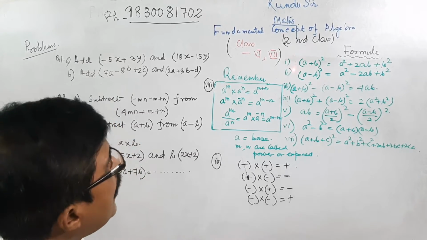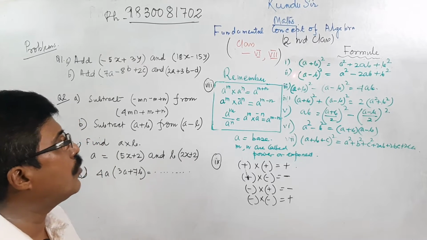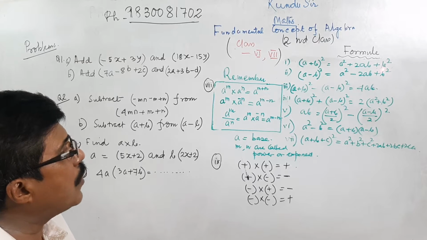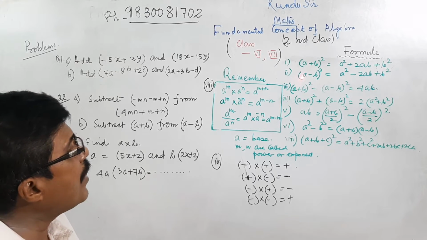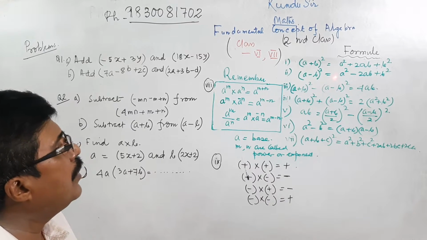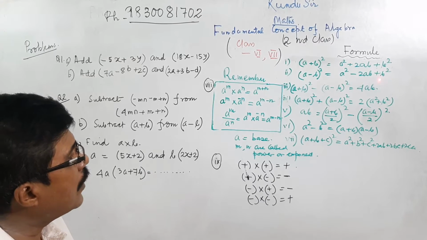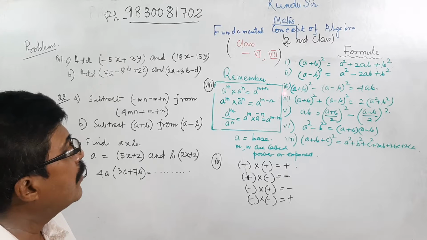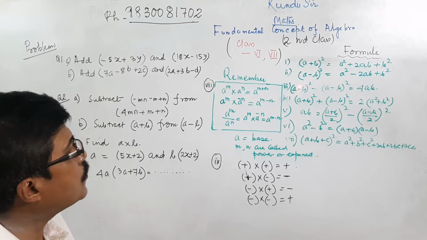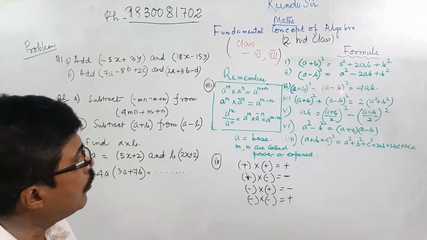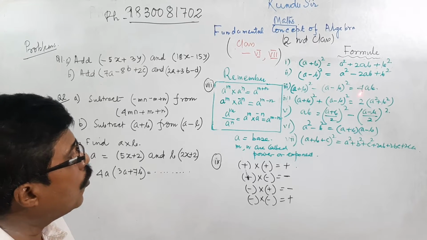The first formula: (a plus b) whole square equals a square plus 2ab plus b square. (a minus b) whole square equals a square minus 2ab plus b square. Now the third formula: (a plus b) whole square minus (a minus b) whole square equals 4ab.